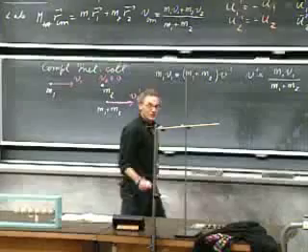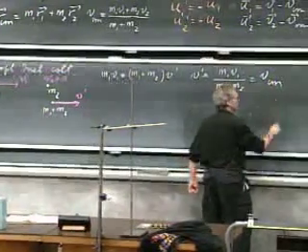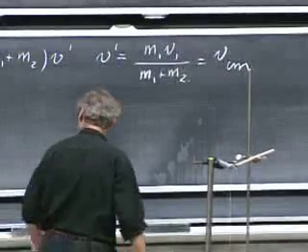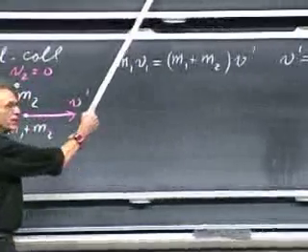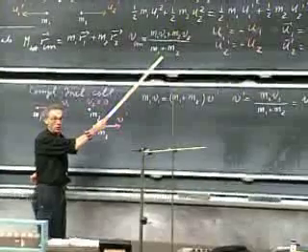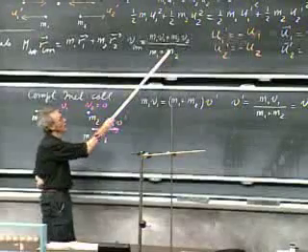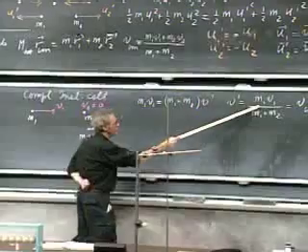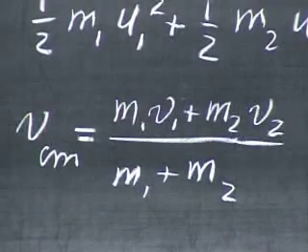This, by the way, which is not so obvious, is also the velocity of the center of mass. And how can I see that so quickly? Well, what was the velocity of the center of mass? Here you have it. This was in general. This was not for the case that V2 was 0. This was more general. Make V2 0, and you see exactly the same result. So this must be the velocity of the center of mass.